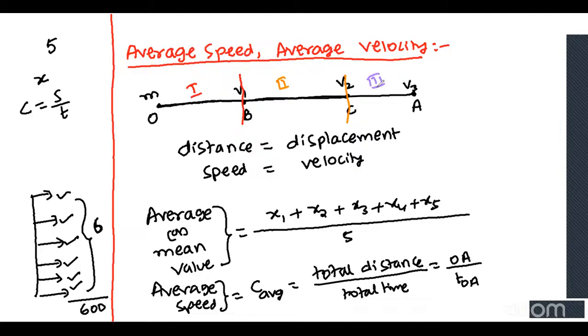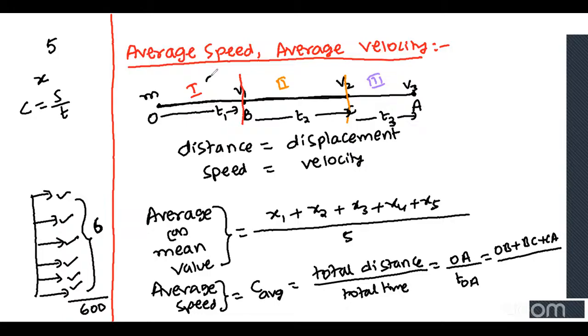So we write OB plus BC plus CA. Time taken from O to B is T1, from B to C is T2, and from C to A is T3.